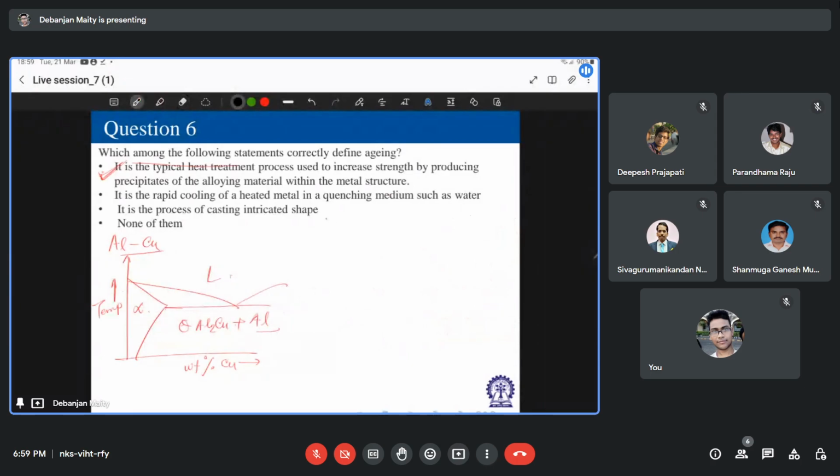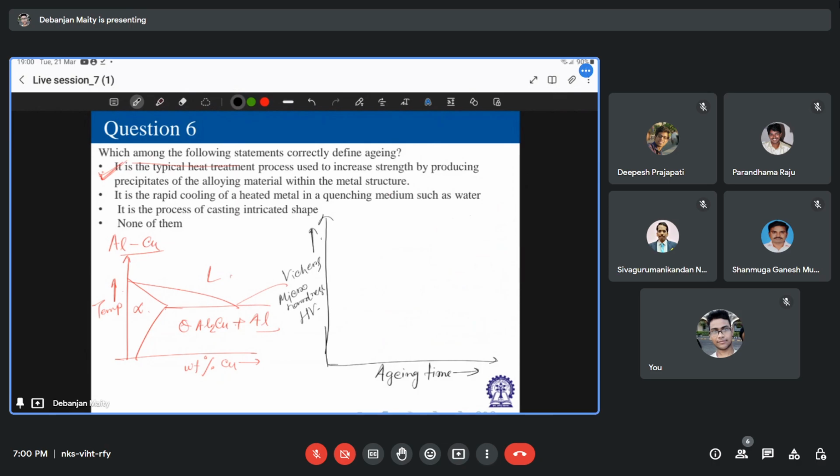It may look something like this. If this is your aging time, let's say my x-axis is aging time and my y-axis is Vickers microhardness. I'm measuring the Vickers microhardness.